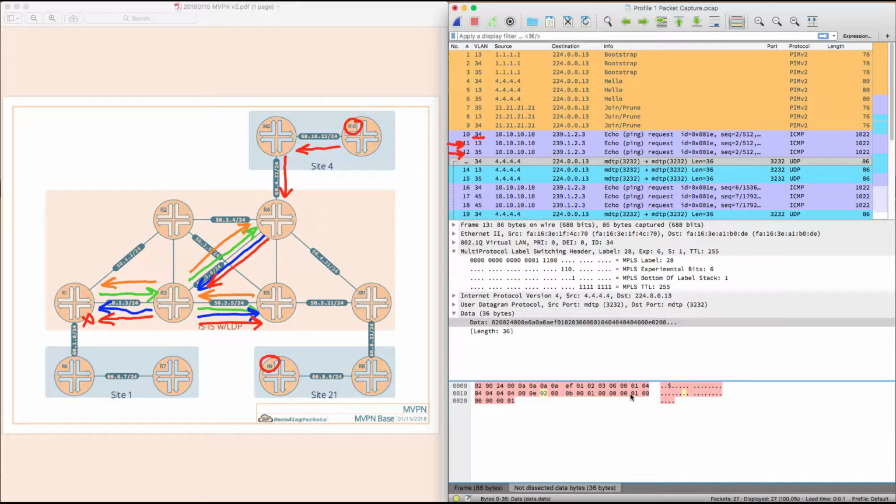It is based off of the VPN ID. In this case, this is 100, 100, and 0001. So 100, 100, 1 was the VPN ID that was chosen, with a suffix of 1. That's the opaque value that goes out in this Data MDT advertisement.